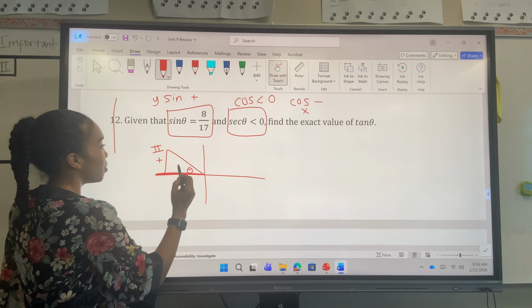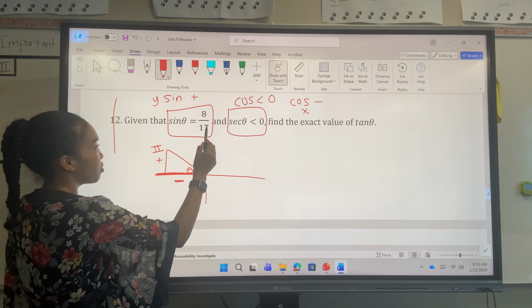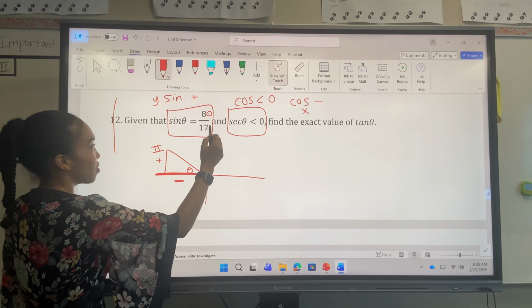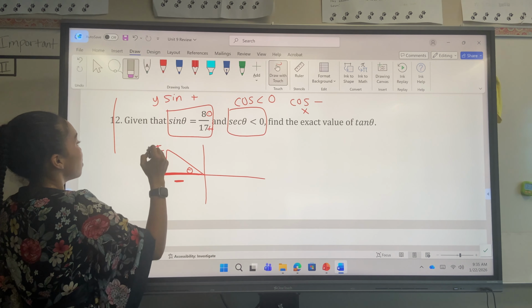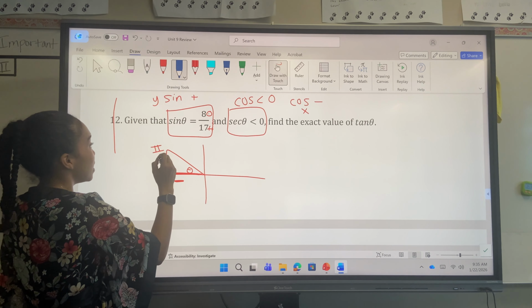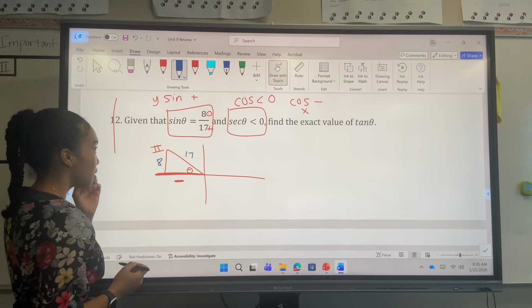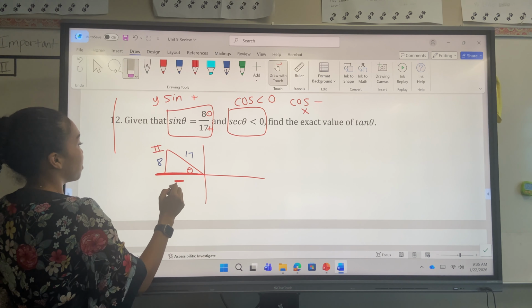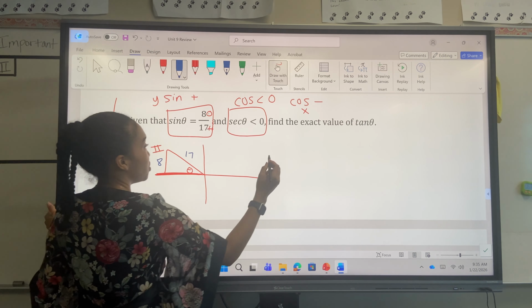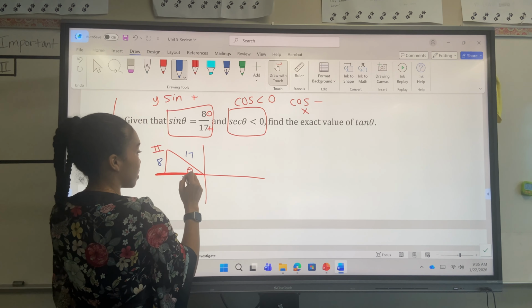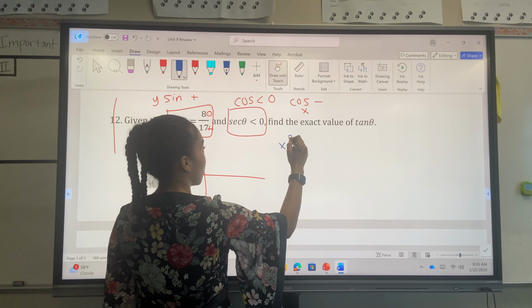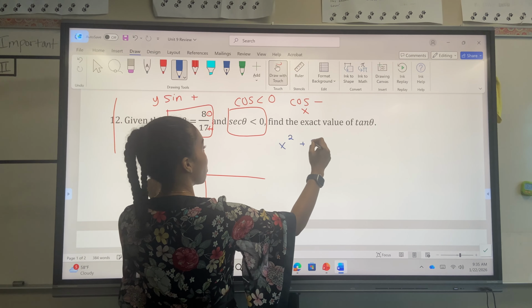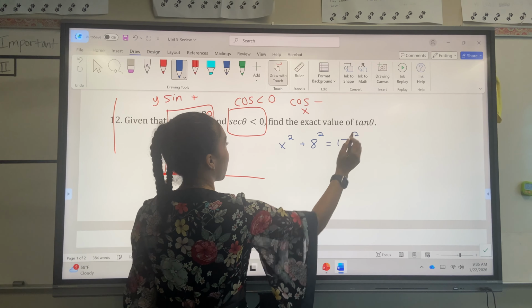So here's your angle. It says sine is 8/17. That's opposite over the hypotenuse. So this has to be 8, and this is your hypotenuse. So let's find this missing side right here. So this missing side plus 8 squared is equal to 17 squared.